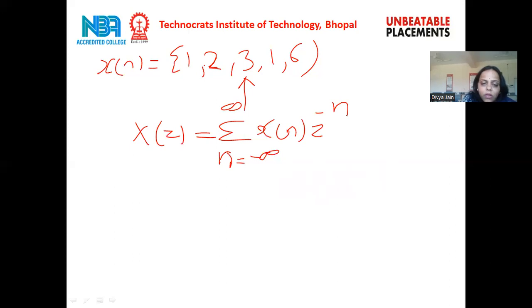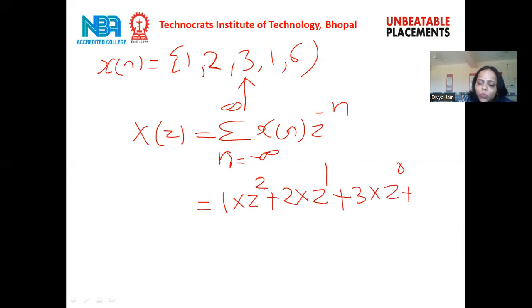So here we are having sequence from minus 2 to plus 2. So the Z transform of this sequence will be 1 into z to the power plus 2, plus 2 into z to the power 1, plus 3 into z to the power 0, plus 1 into z to the power minus 1, plus 6 into z to the power minus 2.